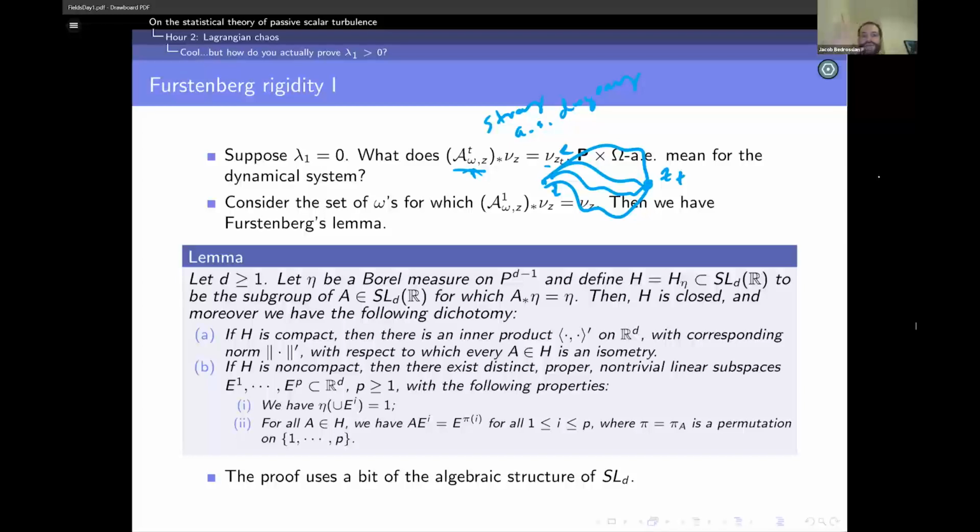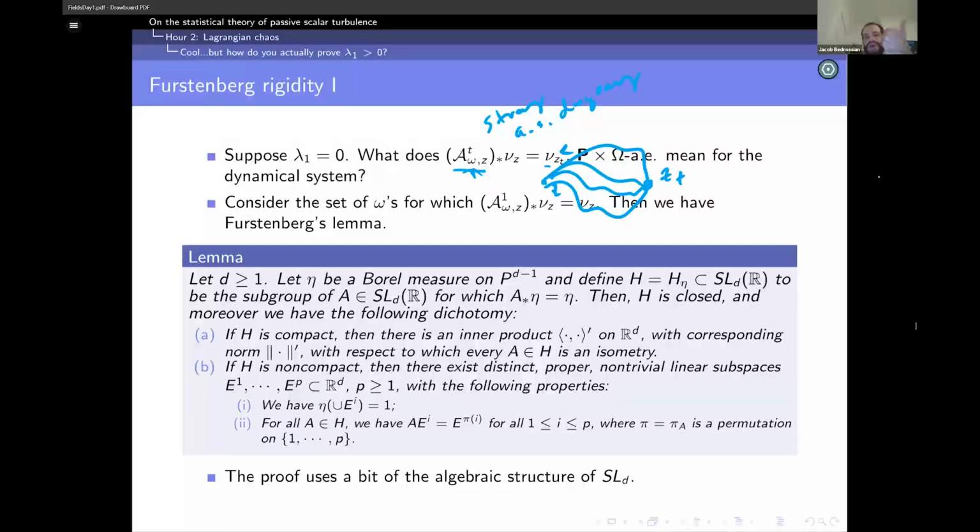Then you get this dichotomy. So the whole dichotomy comes down to this lemma. You think of one projective space measure, forget about nu z, nu zt. You look at all the matrices that preserve this measure under the push forward, and this is a subgroup. There are two options: either the subgroup is compact or it's not compact.